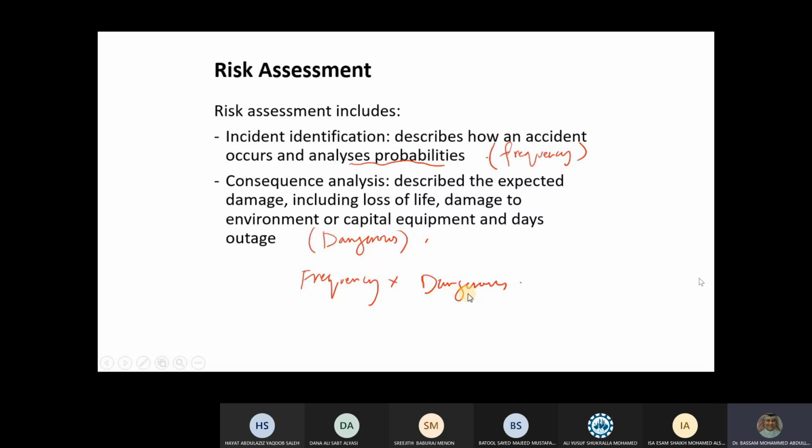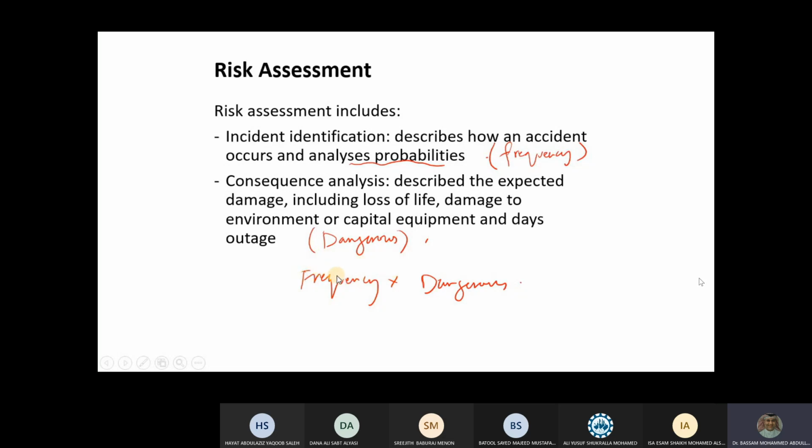Of course, this will still be a risk, but it will not be as high as if it happens every day. Now, if it happens every 10 years, and it's very dangerous, it just puts the risk really very low because it happens every 10 years. Now, if you say it happens every 100 years, forget about it, right? So the thing is that the frequency will increase the risk.